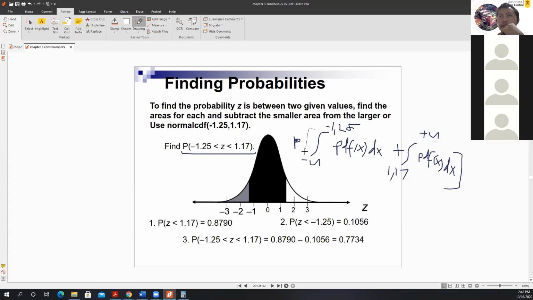Something like this, sum up, and this is 1 minus the first integral plus the second integral. This is equal to this one.